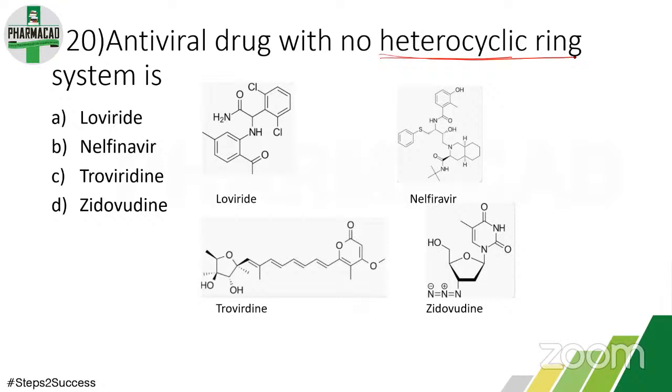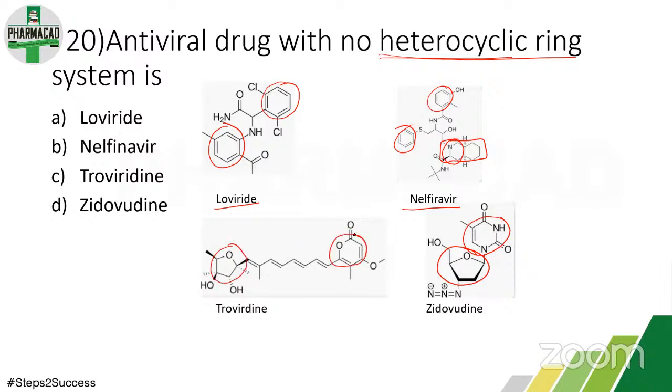You can see in loviride, two benzene rings. In nelfinavir, a benzene ring is there, but it also has a heterocyclic ring, because this ring has nitrogen. In this case, it has one heterocyclic ring, and in this case, it has two heterocyclic rings.